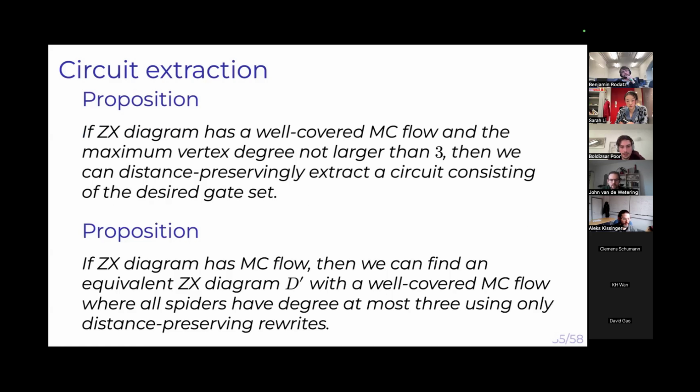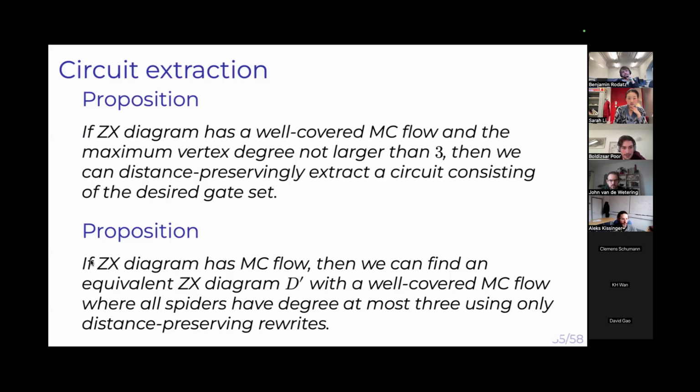And then lastly, if we have a ZX diagram with just simple MC flow, so this is not well covered, then we can find an equivalent ZX diagram with a well-covered MC flow, where all spiders have degree at most 3.